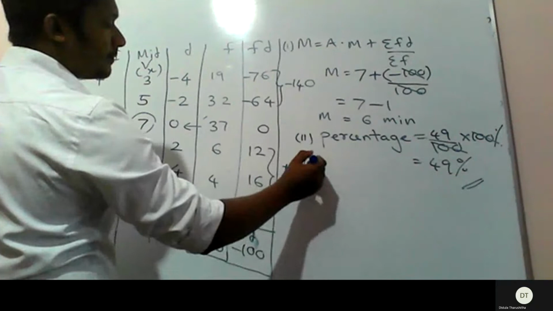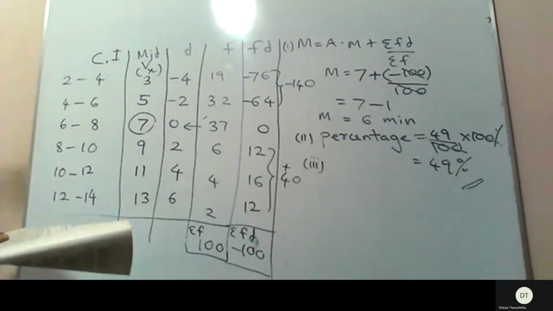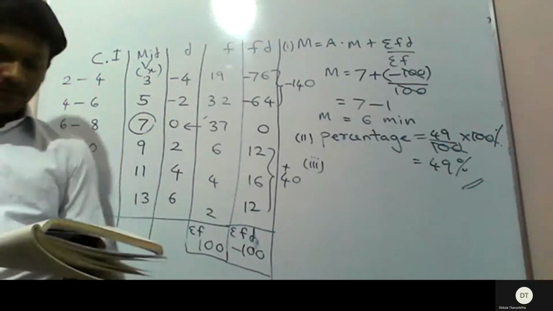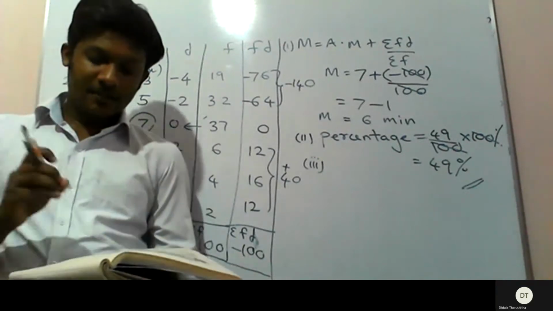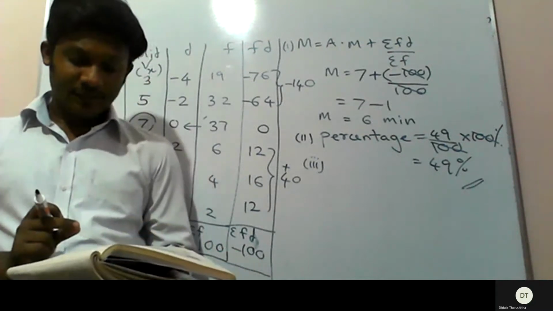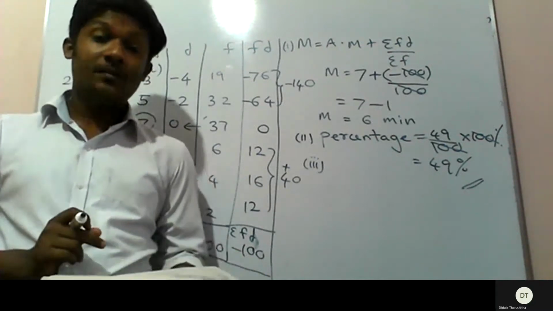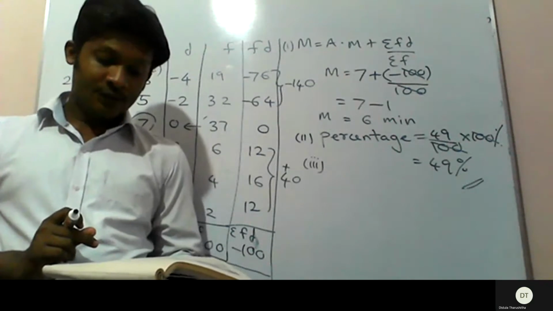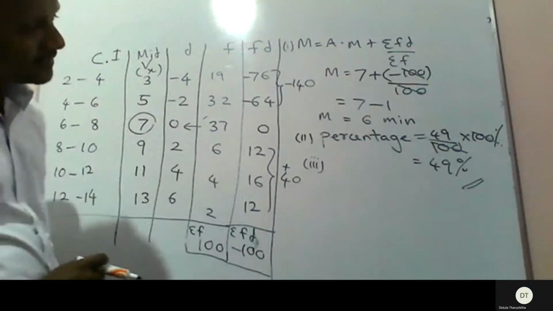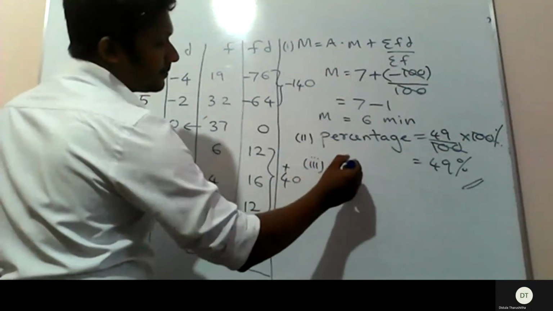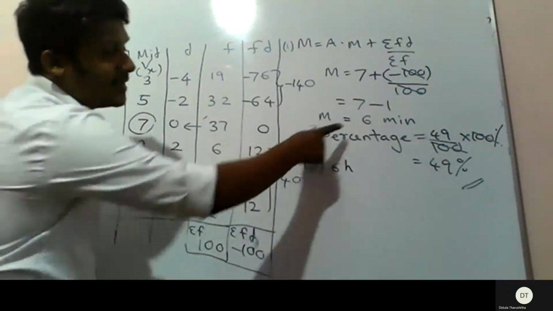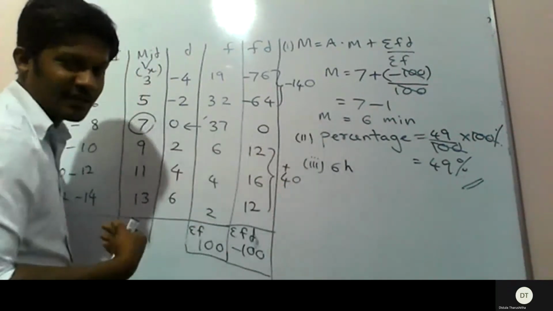Third one, find the number of patients. Each doctor in this examination department examines patients for 6 hours per day. Find the number of patients that can be examined by a doctor during the day. The 6 hours is the time of one doctor, and it takes 6 minutes to examine a patient.